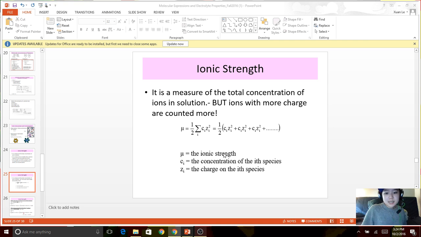Mu is the ionic strength, Ci is the concentration of the species, and Zi is the charge of the species. So if we had something like a sodium ion, Zi would equal 1. But remember, to calculate the ionic strength, you're going to need to add up all of the ionic species in the solution.